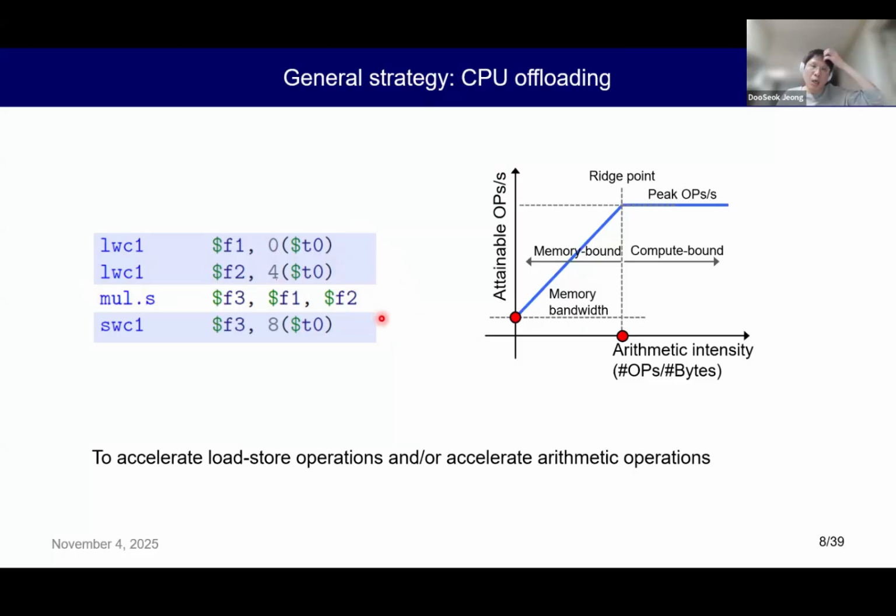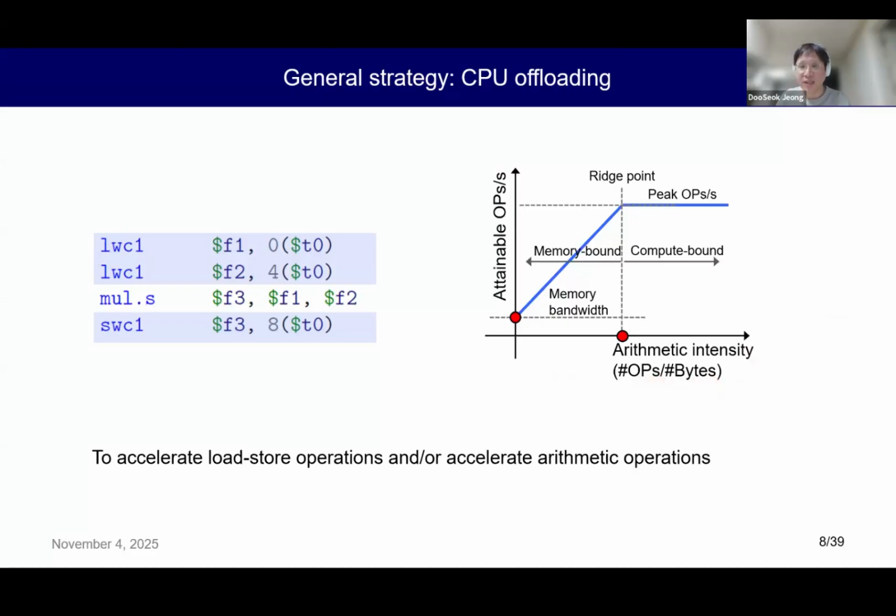So this is a roofline analysis, which is not very precise, but it can give you very good insight on deep learning accelerators for a specific type. So this x-axis is arithmetic intensity, which is the number of operations per number of bytes.